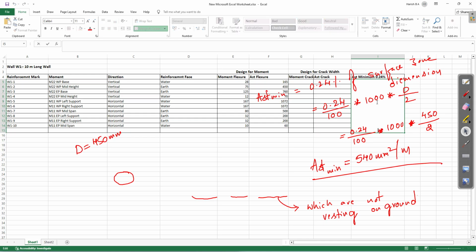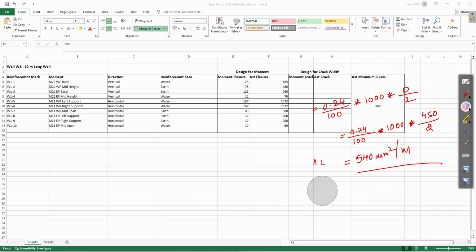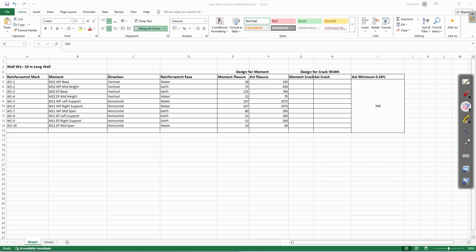So here area of steel, it is 540 mm square. So you got AST minimum.